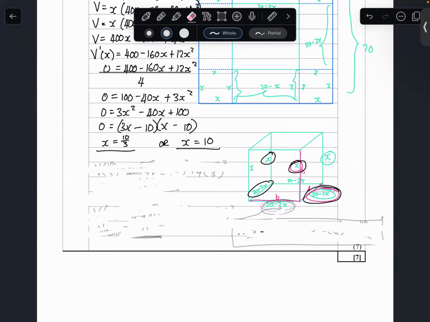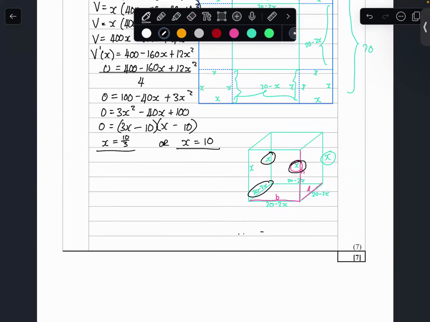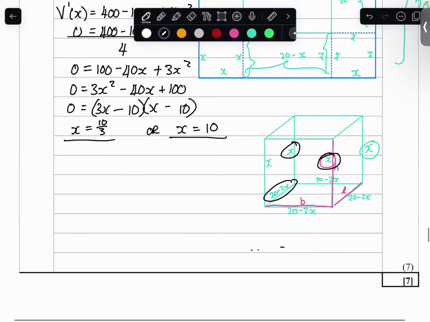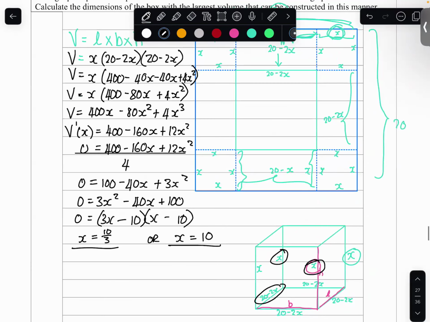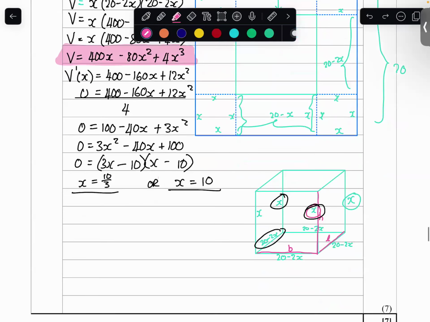But how the memo gives it is they want you to think of this at this point in terms of the cubic function. So this graph here, which is the original formula for the volume, is a cubic function graph. And when you find the derivative, make it equal to 0 and solve for x, you are calculating the turning points of that cubic function, which means that the cubic function should look like this.